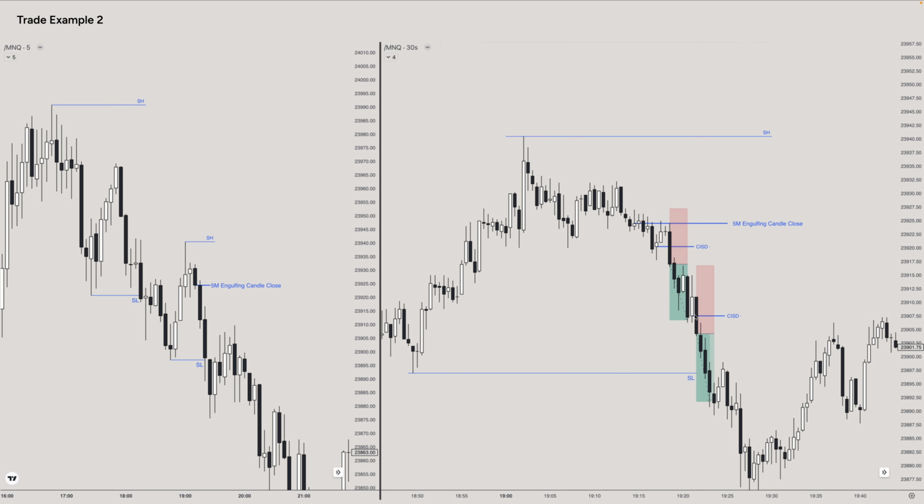So we always mark out the first trend pullback candle. And in this case, you see, the next candle is already giving us our confirmation. So we enter the trade here, stop loss above the 30-second swing high, 1-to-1 risk to reward, and we exit the trade here. And now we've also reached our 5-minute swing low.